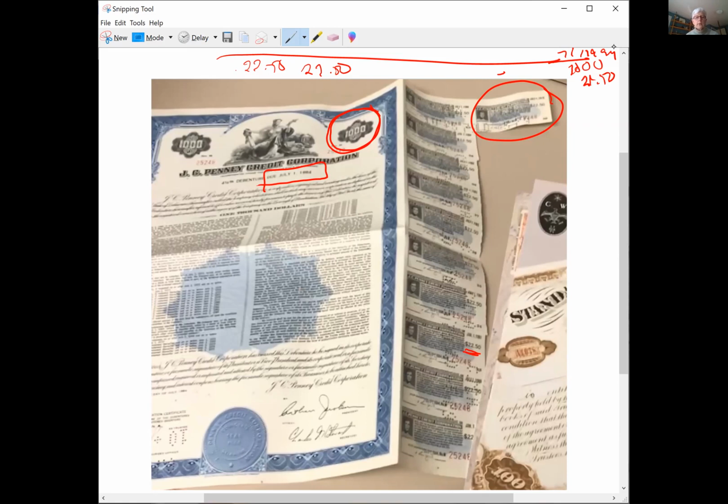The one other thing I will tell you while we have this out here is about these coupons. Now this is all electronic, but what used to happen is you would literally take out your pair of scissors, cut off the coupon on the date it was due, walk into the bank, and hand it to the teller, and the teller would hand you $22.50.